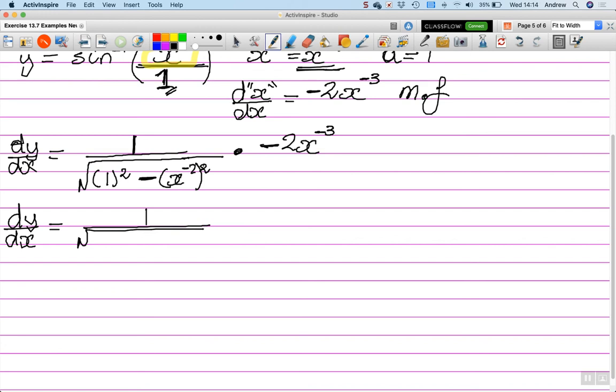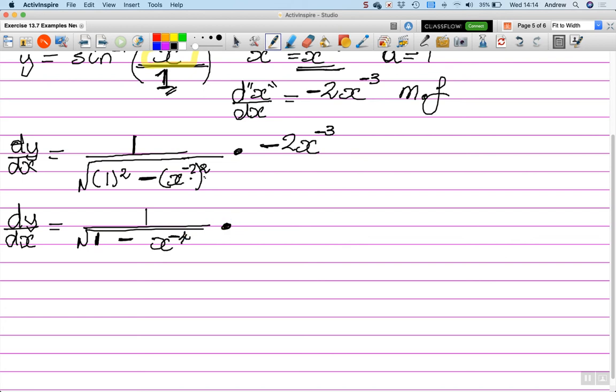Well, 1 to be squared is 1 minus. Now, when powers are separated by brackets, we're using the third law of indices where we multiply the powers together. So that's now equal to x to the power of minus 4.